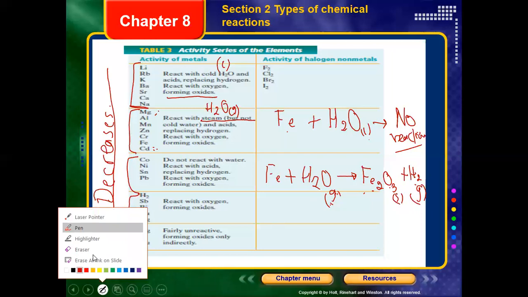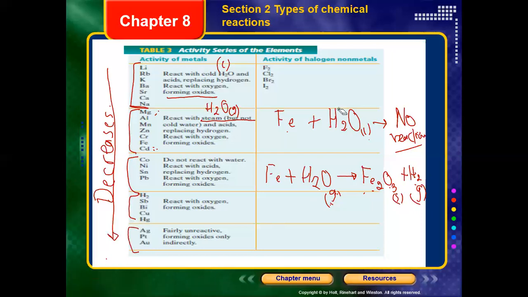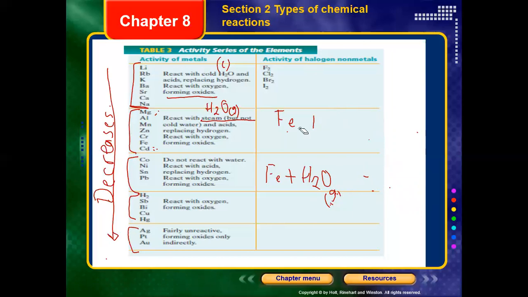One more point about the reactivity series. So we said when you go from up to down, the reactivity of the element decreases. This is the first one. Second point, not all elements react with water.